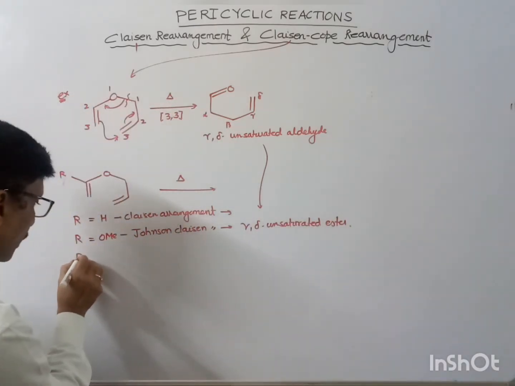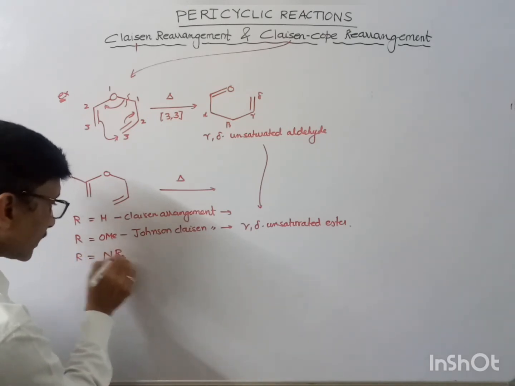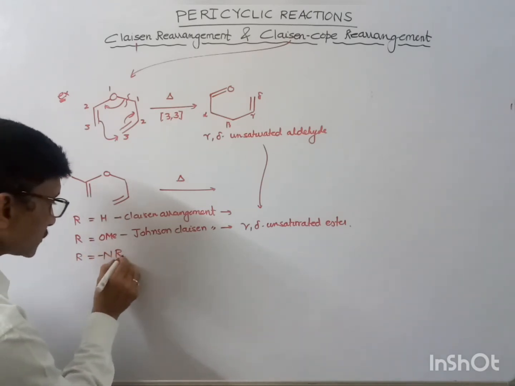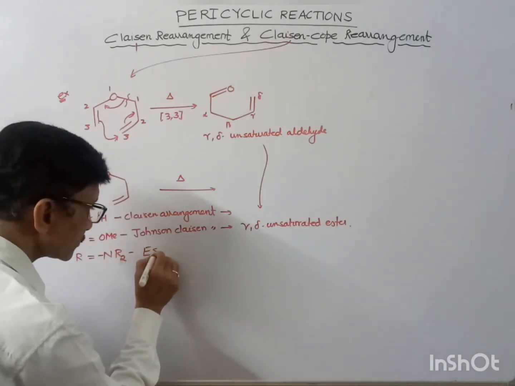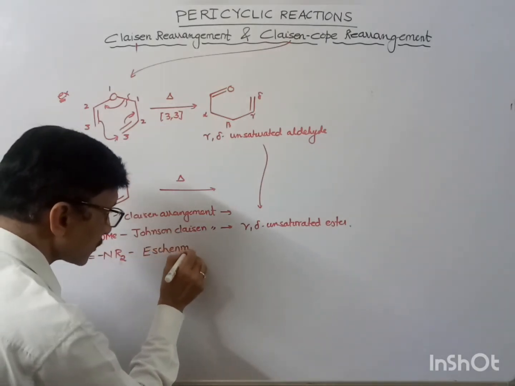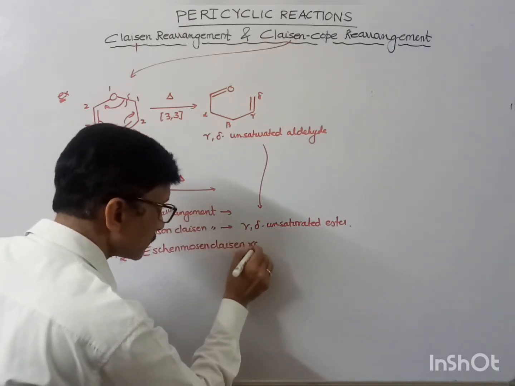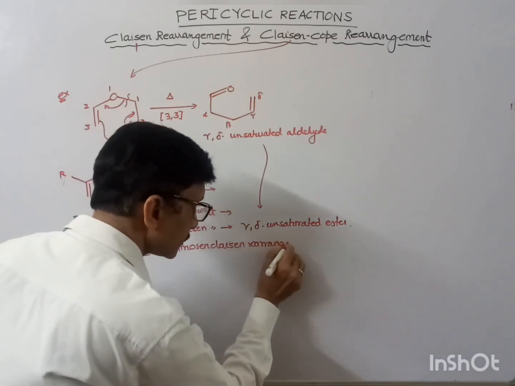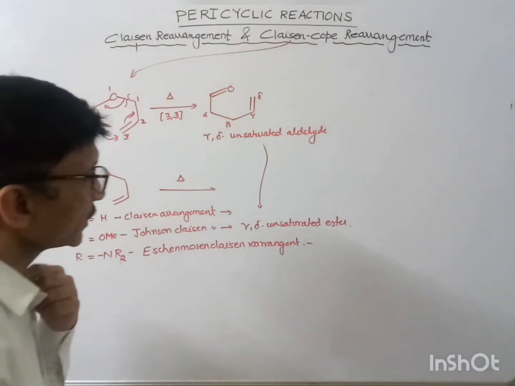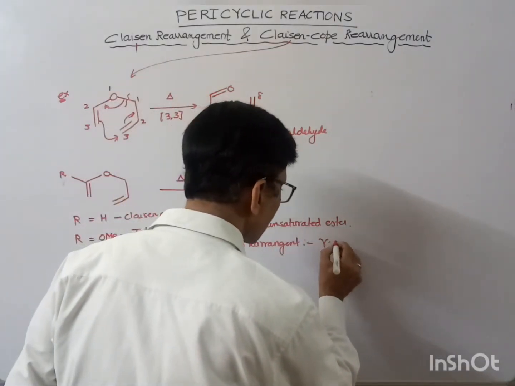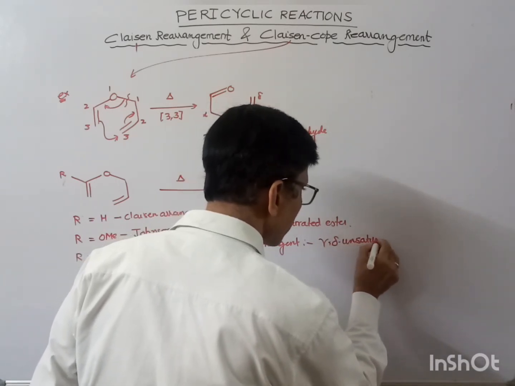Now suppose this R is NR2 or NMe2, if this is the group present over here, then this reaction is called the Claisen rearrangement, and the product formed over here would be gamma delta unsaturated amide.